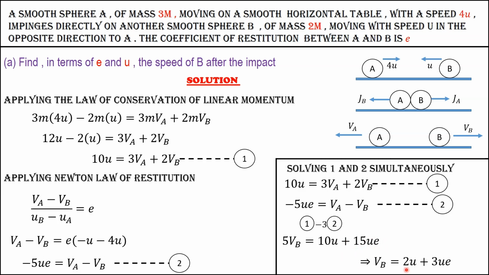From which, further simplifying, we get VB. That is, the speed of sphere B after the impact is 2U plus 3UE, which is the speed of B expressed in terms of E and U, as asked in the A part of the question.